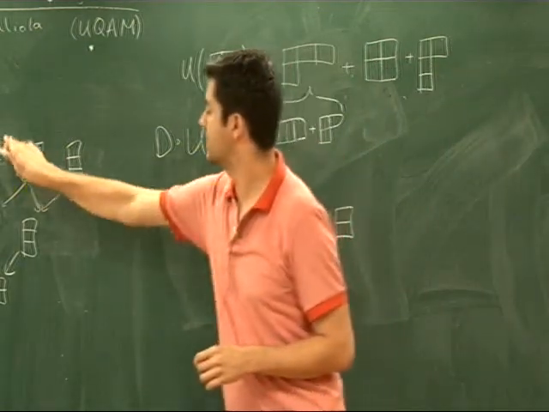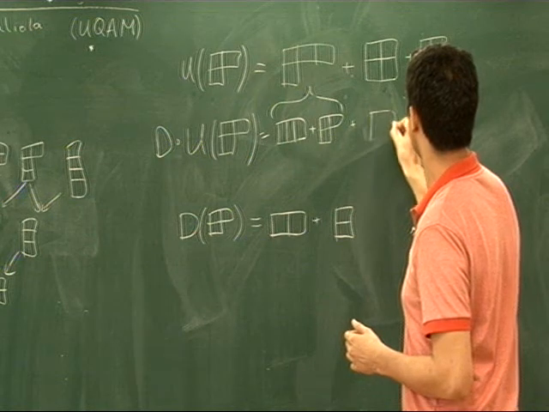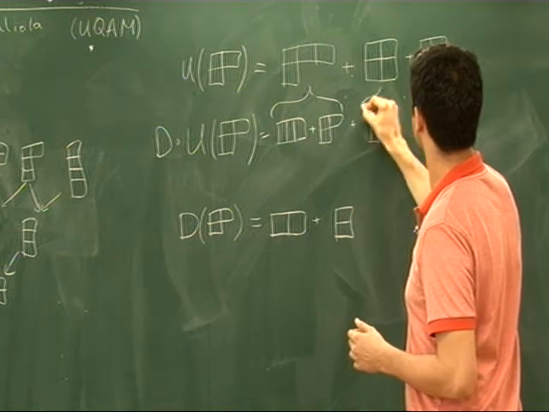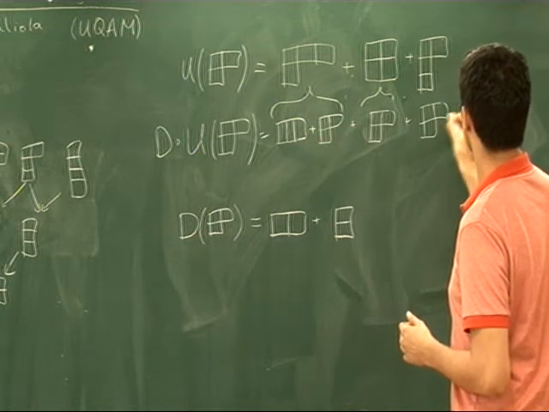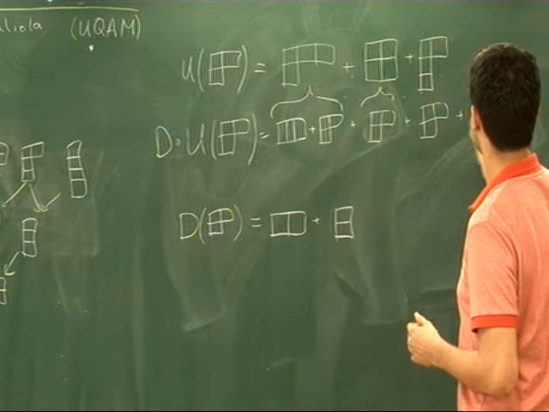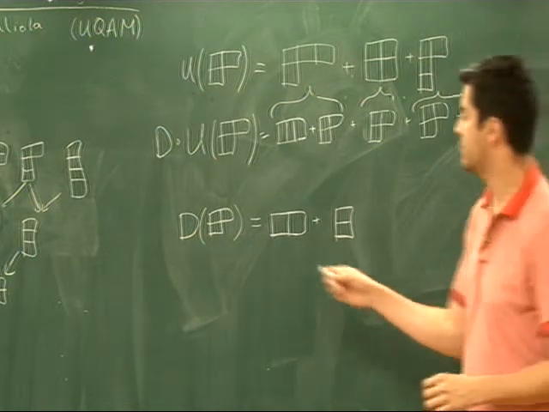D of 2, 2 is just 2, 1 because there's only one edge going down. And this one is going to be this plus this.